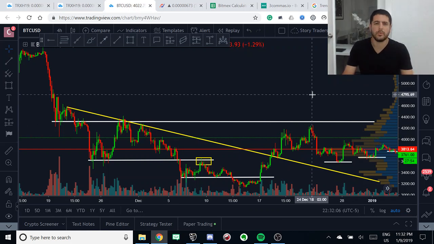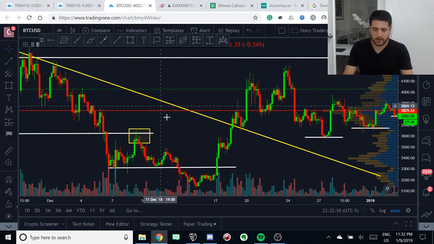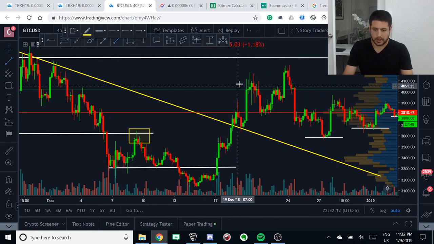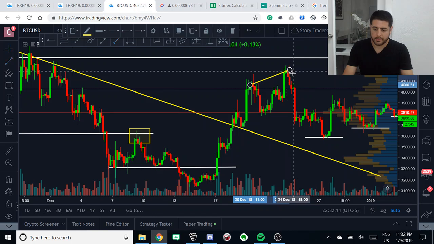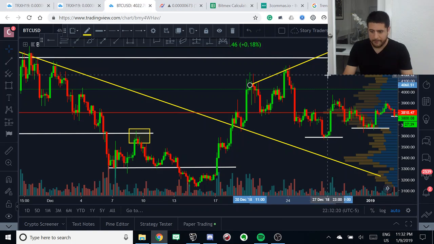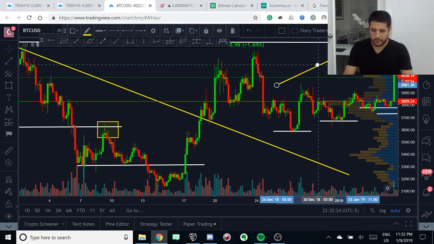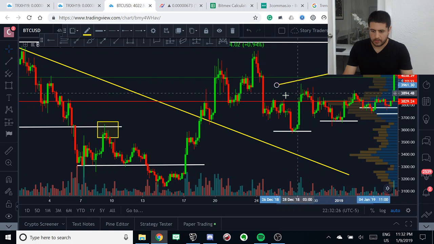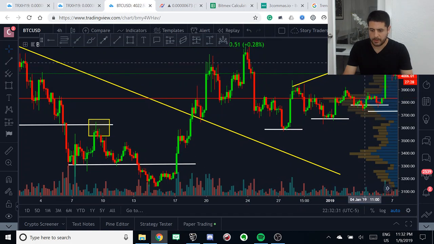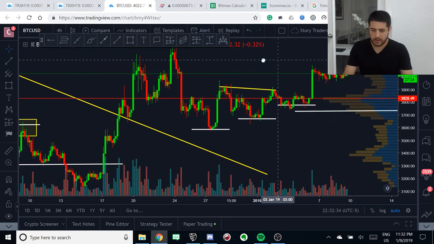So let's draw a few more just so you have some other examples. We'll zoom in here. We'll put a line in here, and it doesn't continue, so it's just a line, it's not a trend. But let's move over here. So we get some price friction here from going up, and then we get some more price friction here.